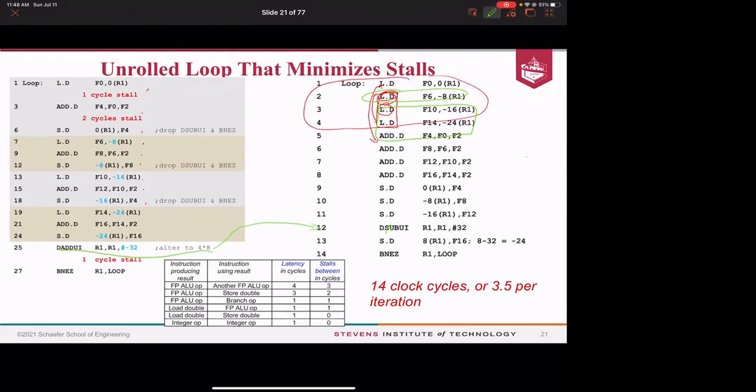We can still do add, subtract 32, so we can do this earlier than this stall. So then all the stalls are gone, and total time becomes 14 cycles divided by 4. That's 3.5. This is a huge reduction compared to 6.75 or 7 or 9.